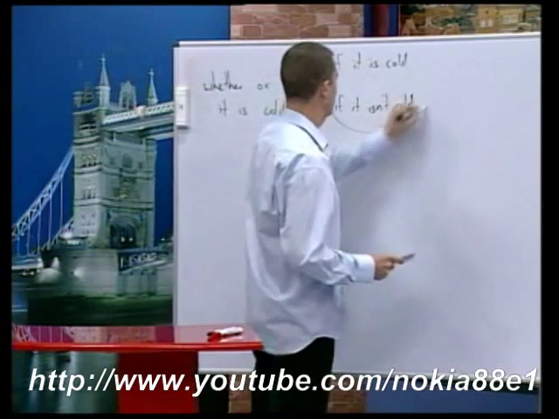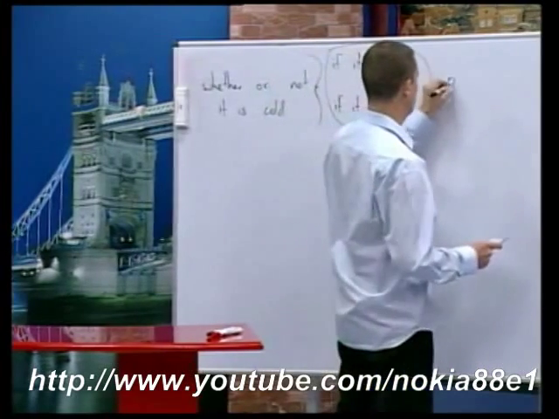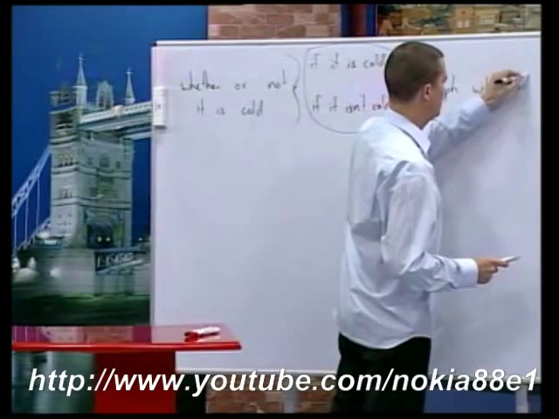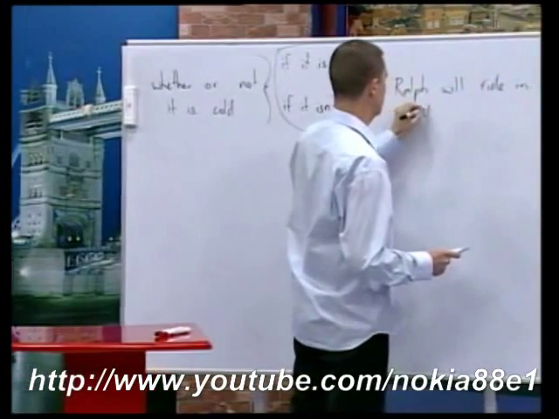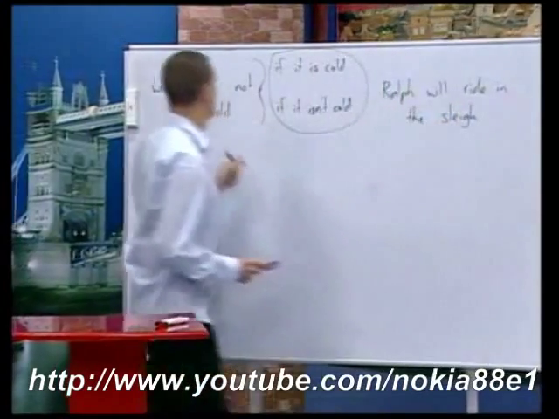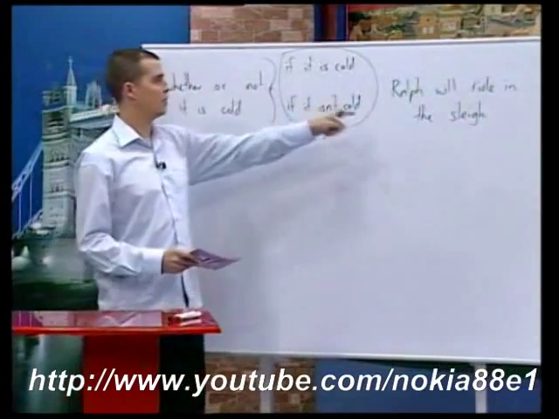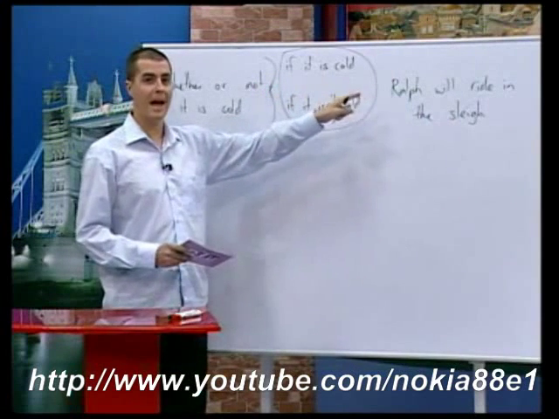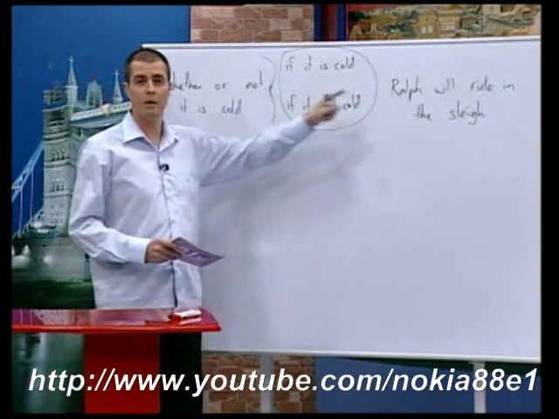So think of it like this: Ralph will ride in the sleigh. So, whether or not it is cold, Ralph will ride in the sleigh means, if it is cold, Ralph will ride, and if it isn't cold, he will ride.